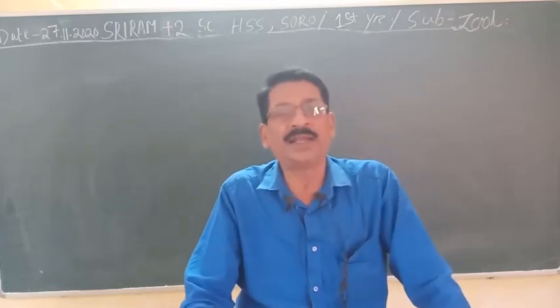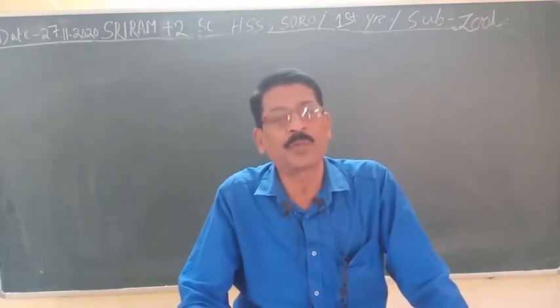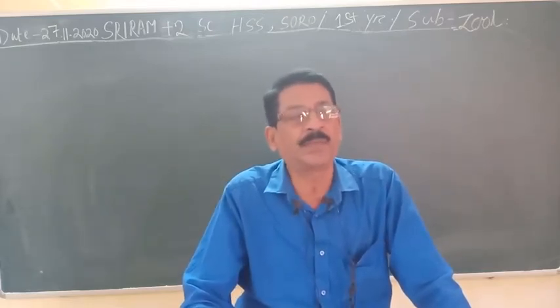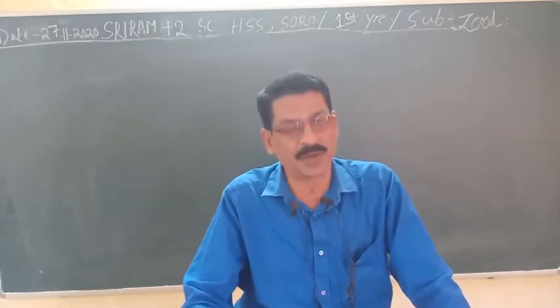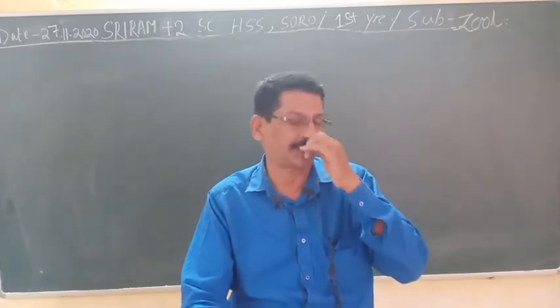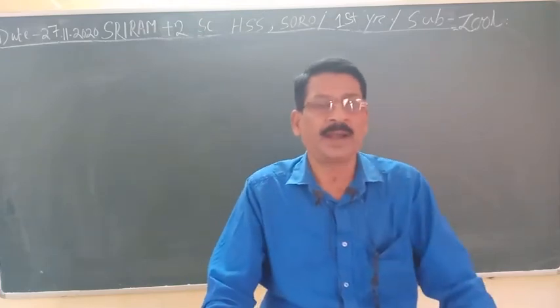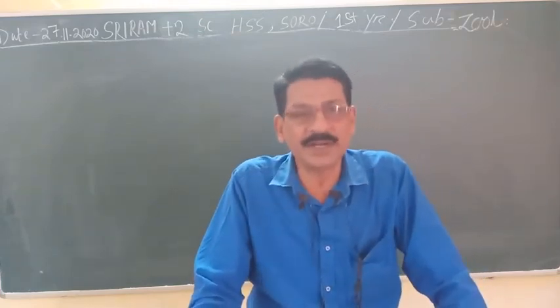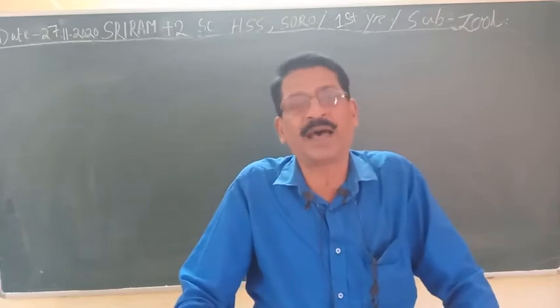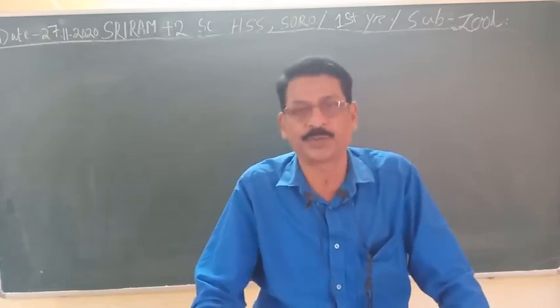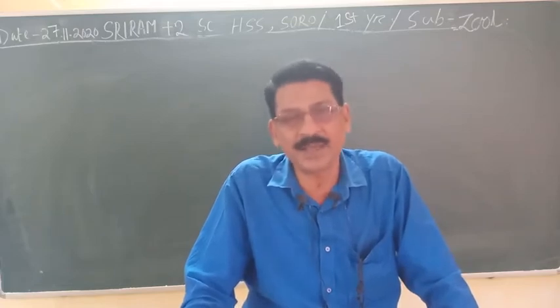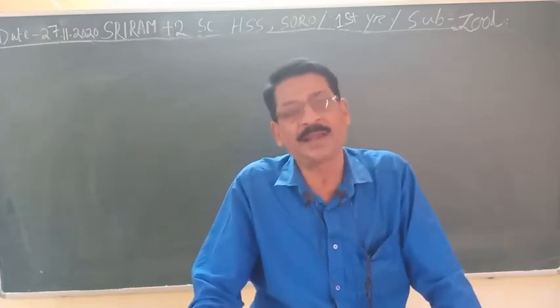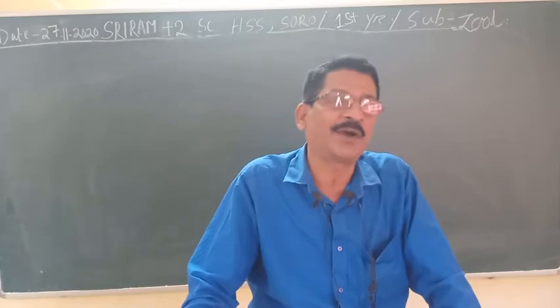Animal tissue is of four types: the epithelial tissue, connective tissue, muscular tissue and nervous tissue. Today I will finish the epithelial tissue and we will just start the connective tissue.